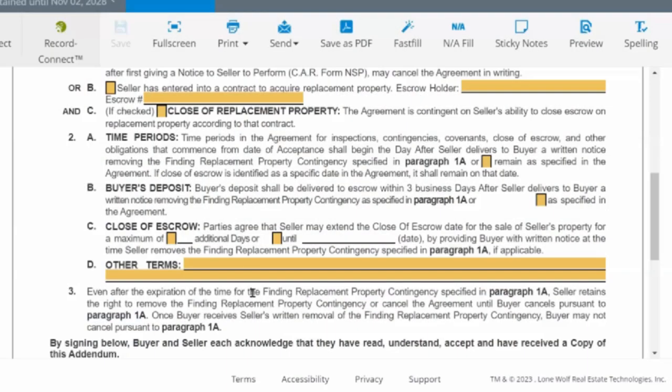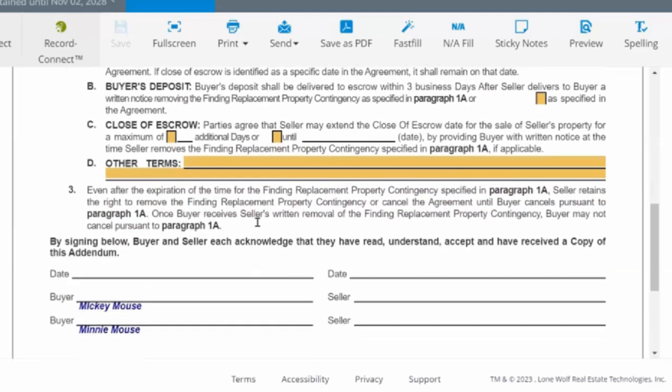So there's those types of things to take into consideration as well. Maybe, maybe not, might be a big deal, might not be a big deal. I think last year when interest rates just really kept going up, it was probably a bigger deal than it is now. But yeah. And then if there's any other terms you want to write, you can write in there.